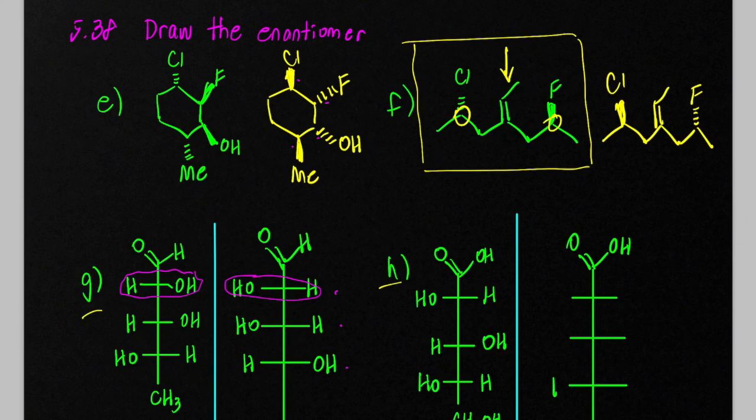But we want to switch the bow ties, so to speak, of the Fischer projection and do something like that. So that's how you do this problem. I hope it helps you understand drawing enantiomers a little bit better.